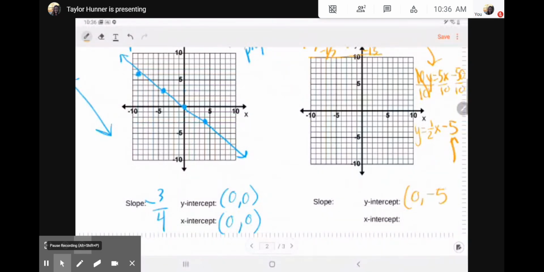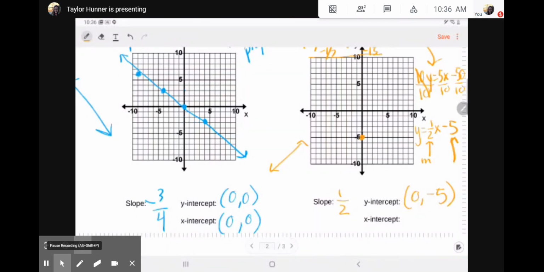So when I plot that point, I'm sorry, it's on the bottom of the y-axis instead of the top because it's negative. And then my slope is my m, which is just 1 over 2. This time I want my graph to look something like this because it's going in a positive direction. And remember, we always rise first, then run.